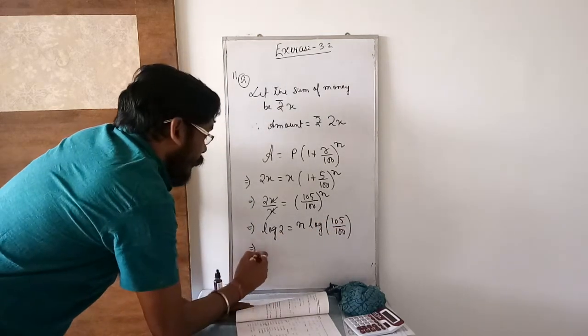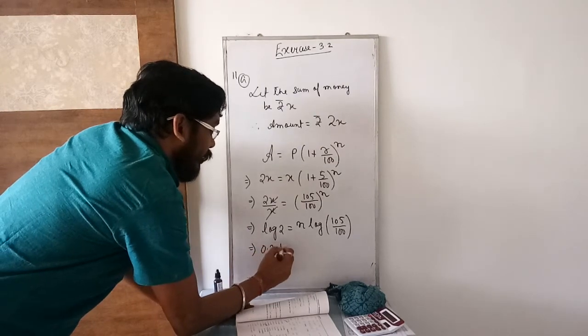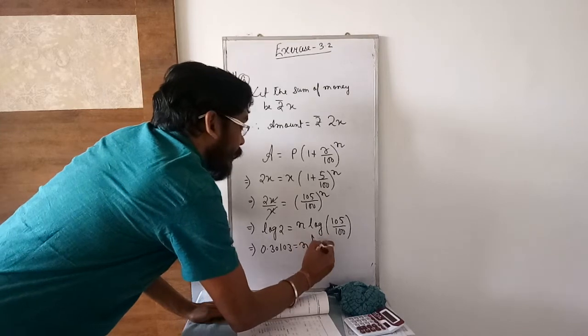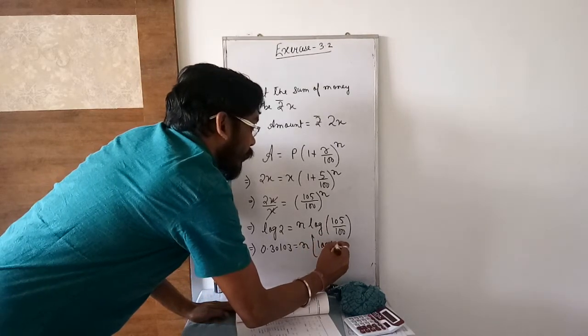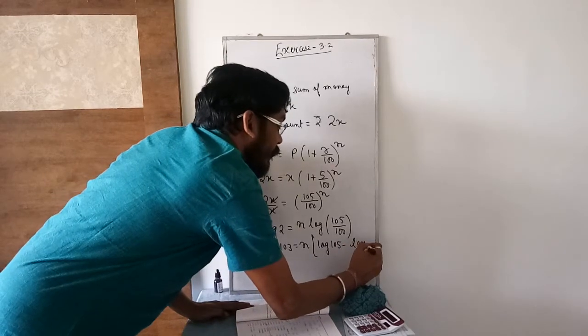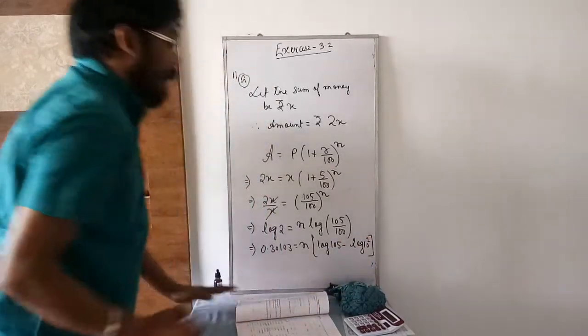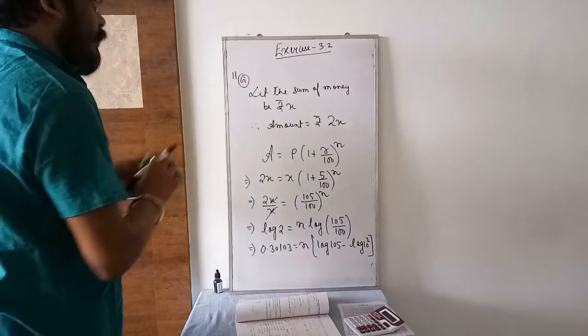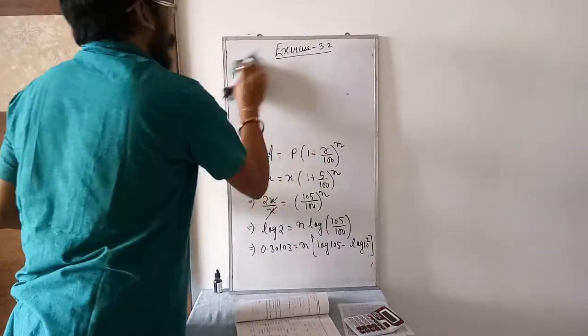So log 2 is 0.30103, and log 105 by 100 means log 105 minus log 100. 100 is 10 square. Take the screenshot of this.